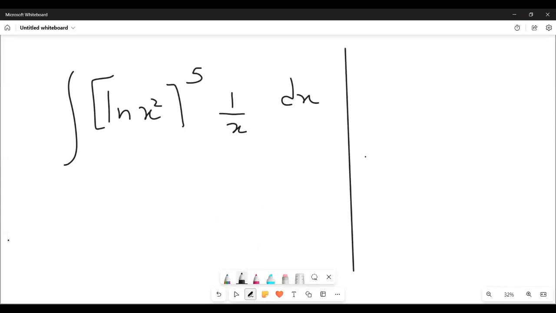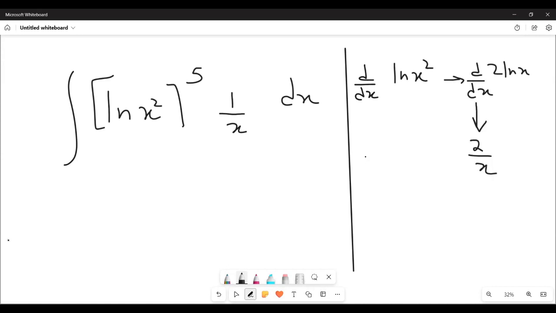So first let's see what's the derivative of ln x square. Before that, let's apply the rule of log. ln x square can be written as 2 ln x. So we're differentiating 2 ln x. That would give us 2 upon x, because the derivative of ln x is 1 upon x.